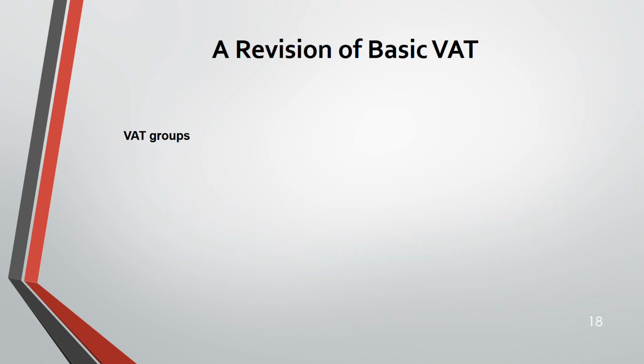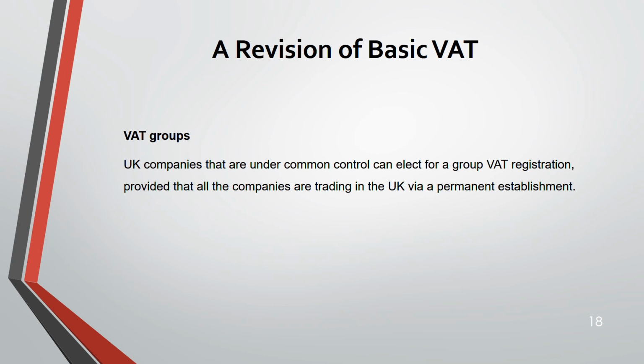Now, VAT groups. UK companies that are under common control can elect for a group VAT registration, provided all companies are trading in UK via a permanent establishment. This permanent establishment part I've covered in a previous lecture.